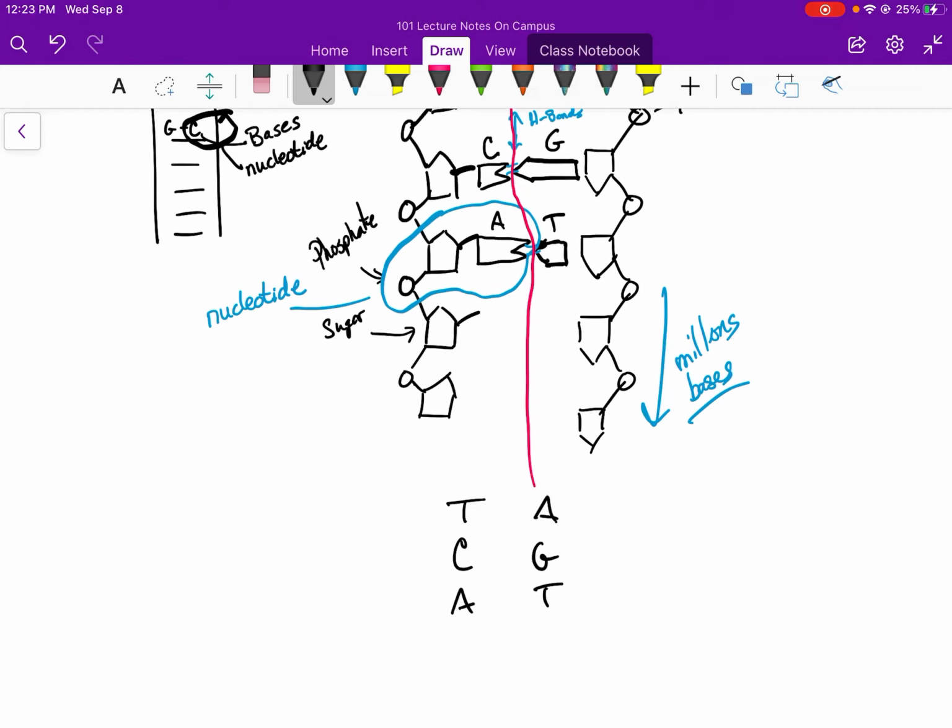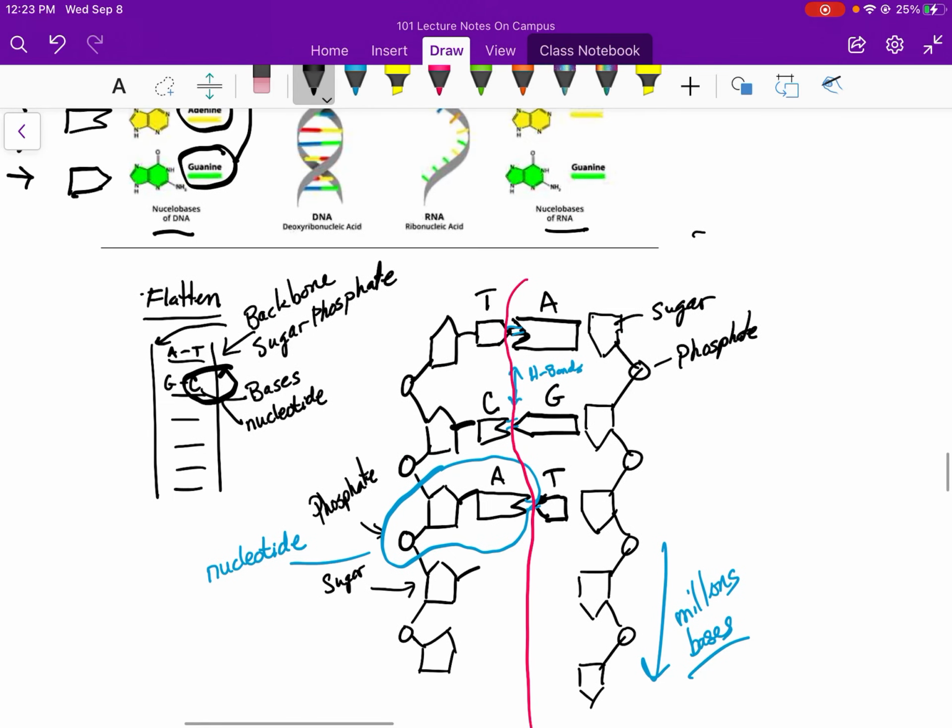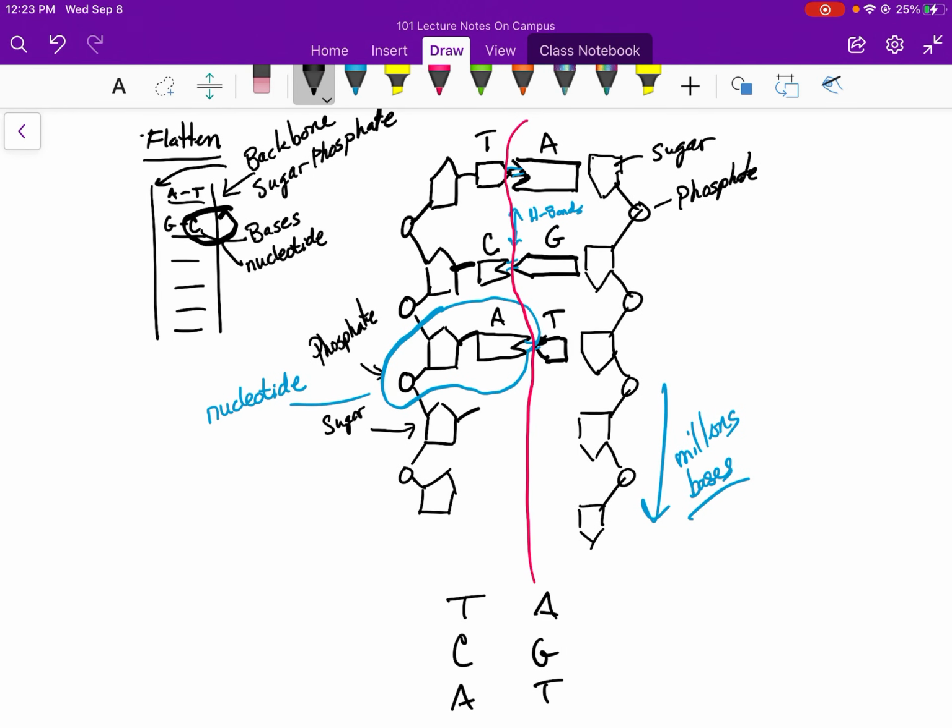This suggests that DNA is easily replicated. That is, once it is unzipped down the middle, it's easy to fill in the complementary bases on the other side. So if you had AGT on this side, you would fill that in with TCA, and of course now you have two identical strands.